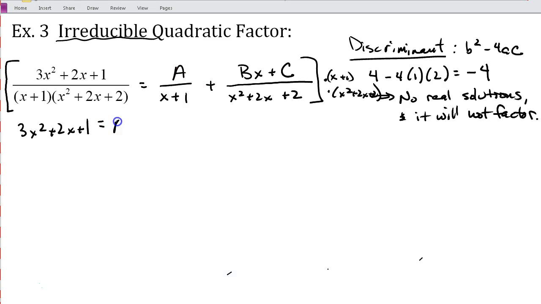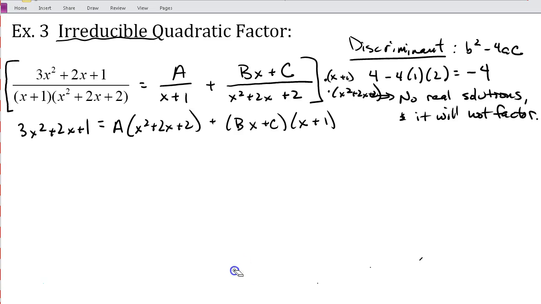And then my A is going to be multiplied by x squared plus 2x plus 2, because the x plus 1s are going to cancel. And then my Bx plus C will be multiplied by x plus 1, because the quadratics will cancel out when I distribute that common denominator.